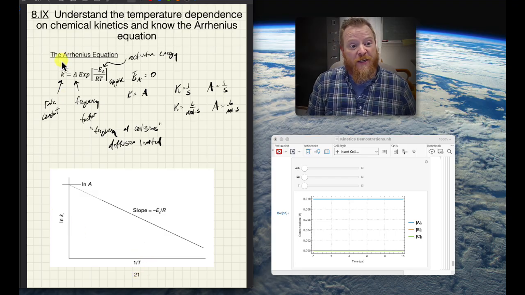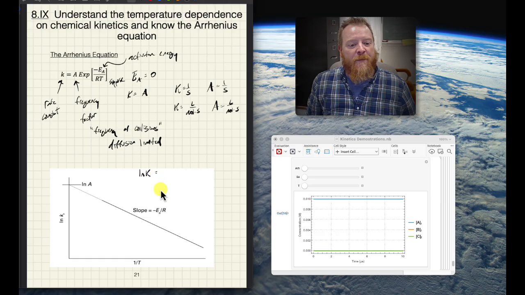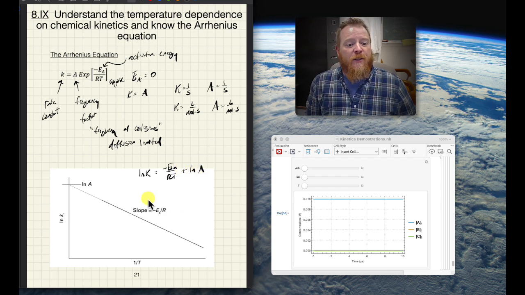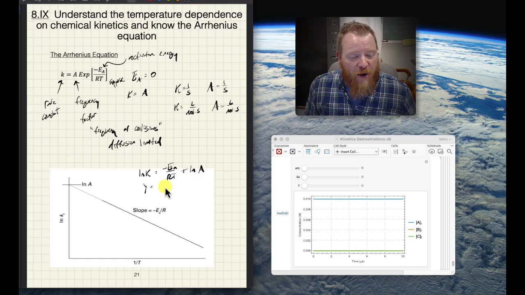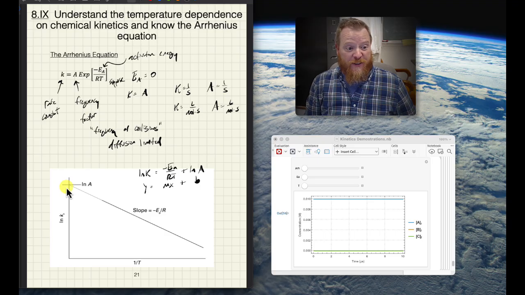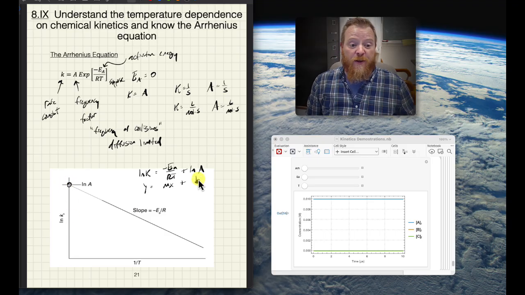So if we adjust the equation up there accordingly by taking the natural log of both sides, I end up with the natural log of k equals negative Ea divided by RT plus the natural log of A. So you can see here that's going to take on a y equals mx plus b form, where now my intercept is the natural log of that frequency factor, so I would be able to determine the frequency factor.